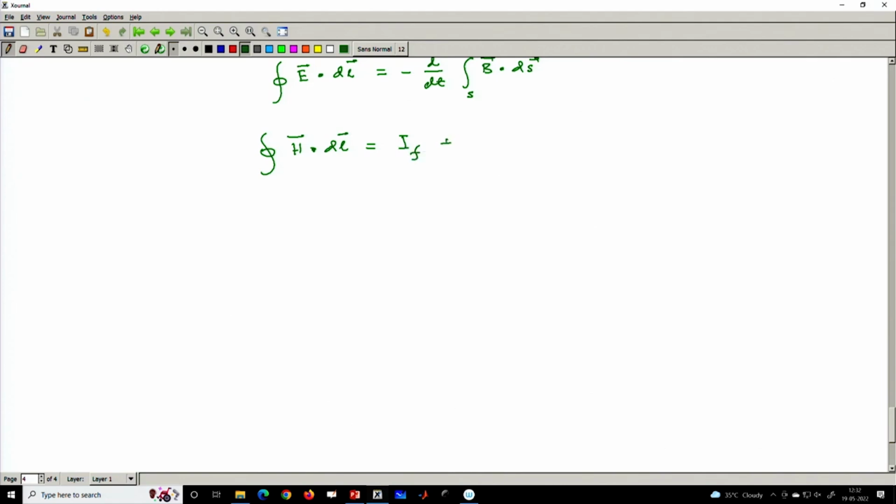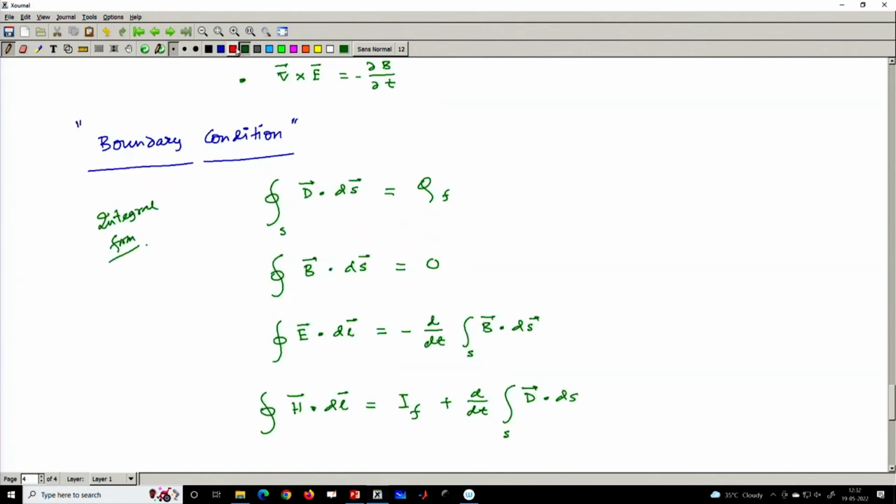plus del/del t of the integral of D dot dS. So quickly, on the right hand side, the first corresponds to the equation divergence of D equal to rho f. This one corresponds to divergence of B equal to 0.